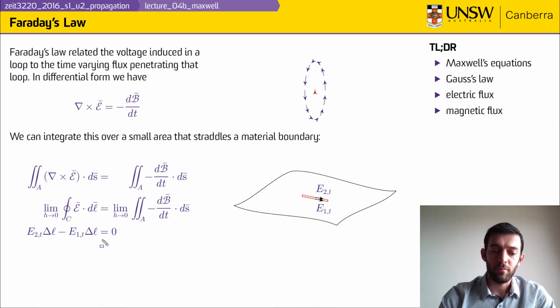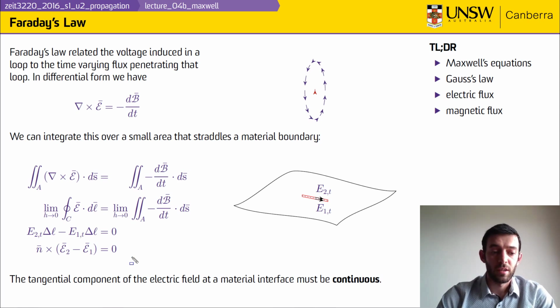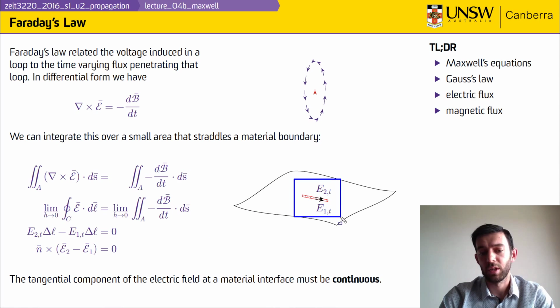So together we can write the boundary condition as n cross (E2 minus E1) is equal to 0, and what that means in words is that the tangential component of the electric field at a material boundary must be continuous. And this is denoted with the two arrowheads right here for E1t and E2t being the same.